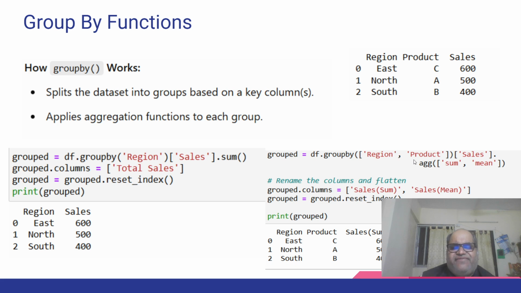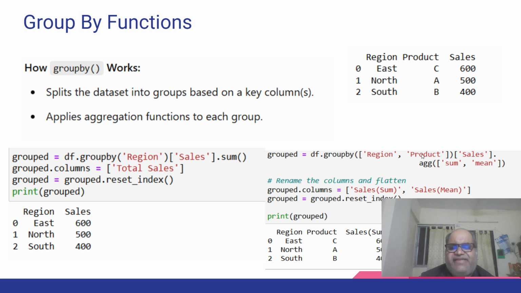On the right hand side, we have tried multi-column aggregation. If you see what we are doing, we are again using group by. But since there is more than one column, you provide them in a list, right? List-like notation. And on top of this, we have just taken the sales part of it.